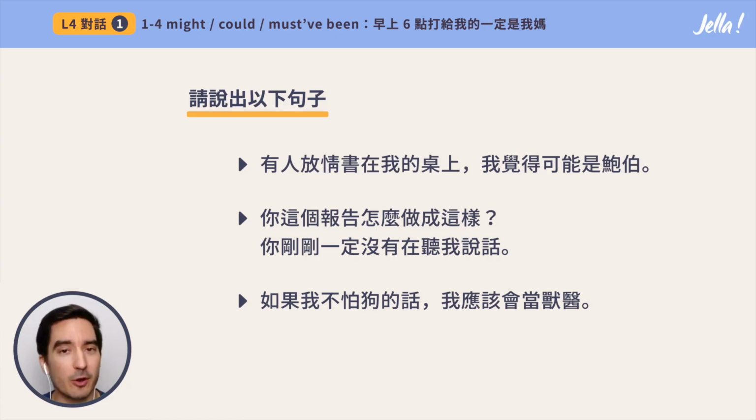A modal verb is these words, might, could, must. And then following that, you use the word have, right? And then after we use have, it's kind of like using the present perfect, right? So we have followed by the past participle. So he might have eaten blah, blah, blah.